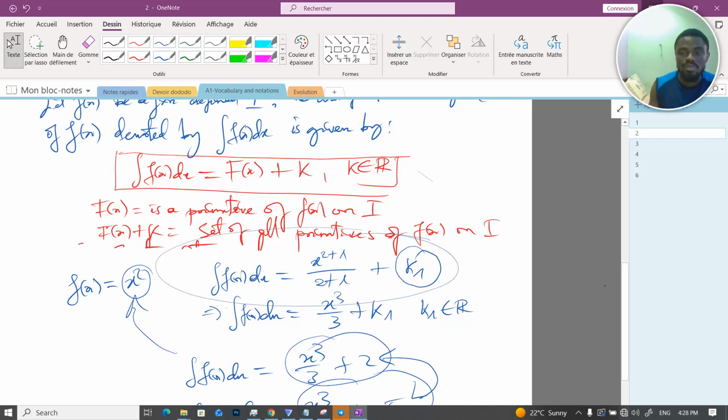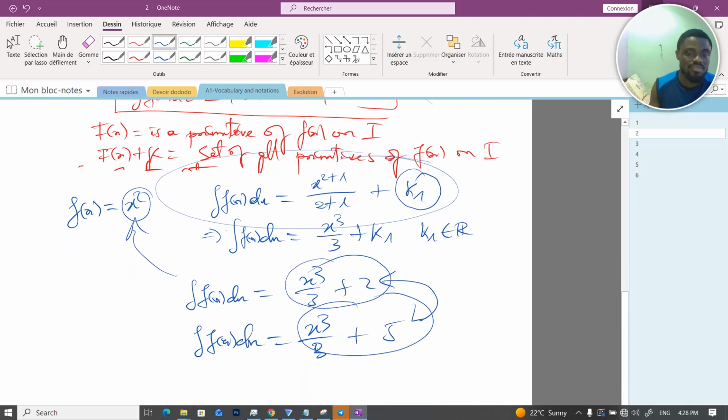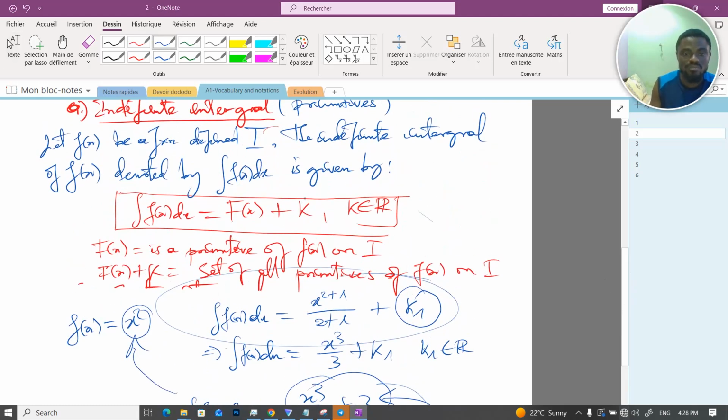Parce que quelqu'un peut bien dire que sa primitive, c'est x cube sur 3 plus 2. L'autre peut dire que sa primitive, c'est x cube on 3 plus 5. Donc, pour éviter tout ceci, on met plutôt à la fin un constant of integration. Donc, it's very important.